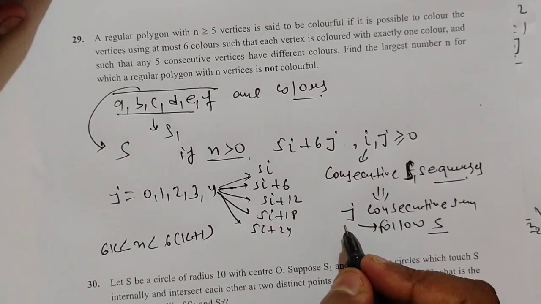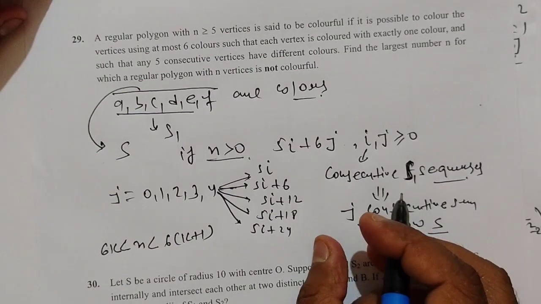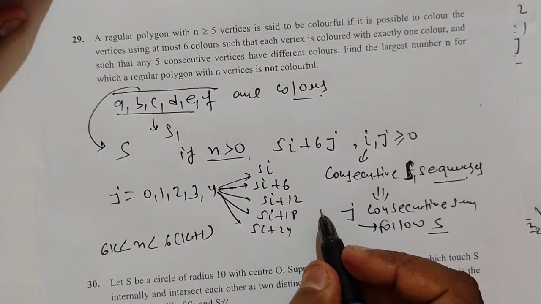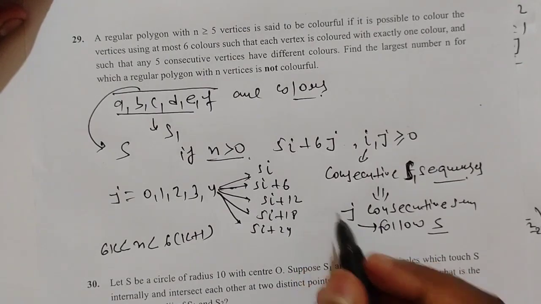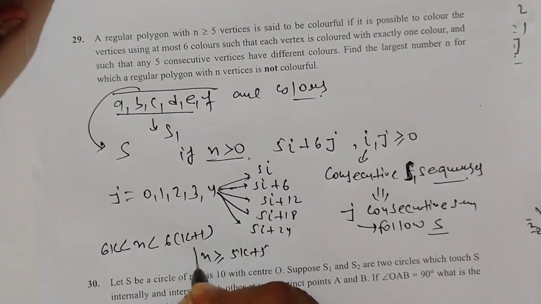So by the pigeonhole principle, at least k plus 1 vertices of the n-gon have the same color. Between any two of these vertices are at least 4 other vertices, because any 5 consecutive vertices have different colors. So we have at least 5k plus 5 vertices, and n is greater than or equal to 5k plus 5.